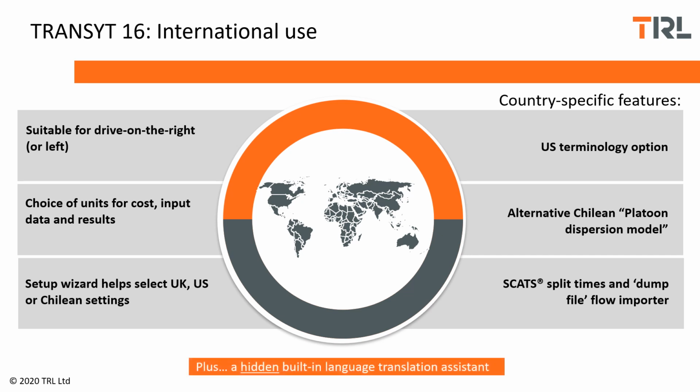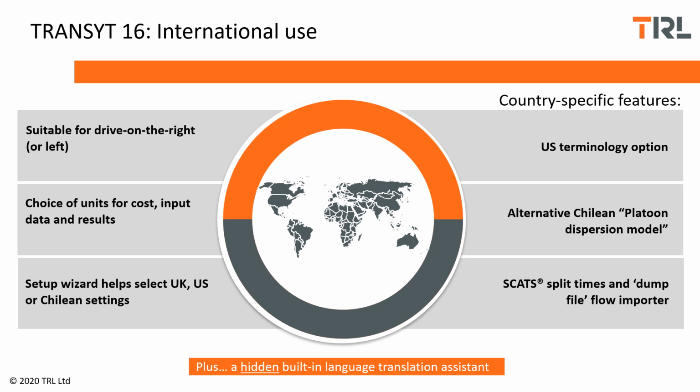And then finally, we actually have again another hidden thing in TRANSYT, which is a built-in language translation assistant. So we can expose it potentially for anyone who wants to translate the product and is prepared to do some of the legwork themselves. We can provide a version which allows you to have a flat list of basically all the phrases that appear in the user interface, and then adjacent to that there are boxes where you can fill in your translation.